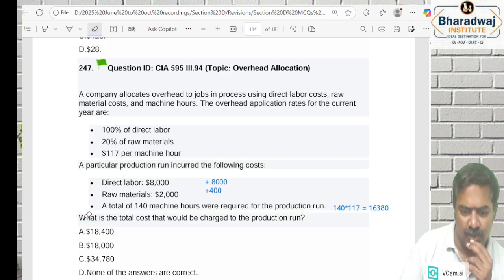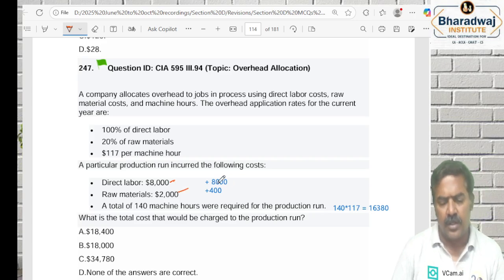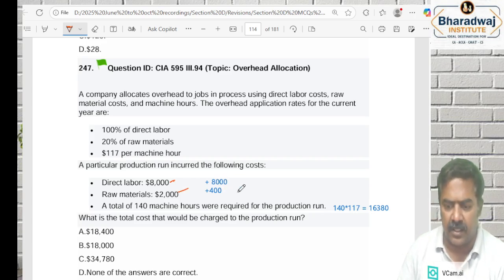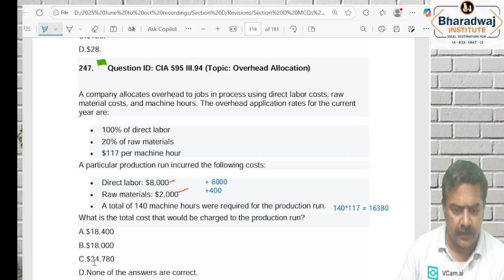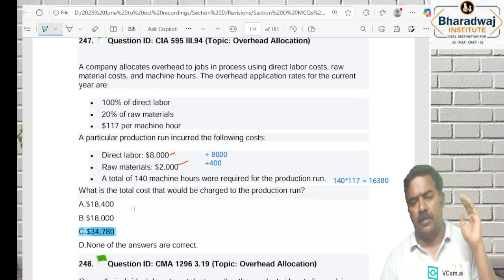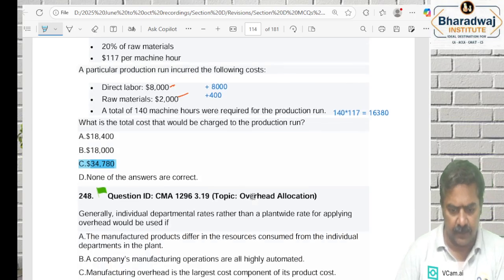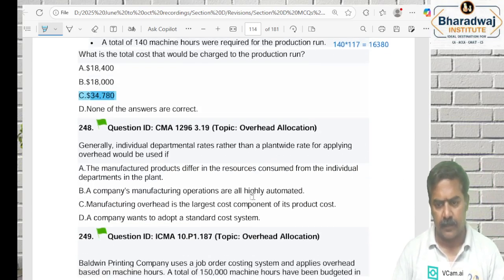Total cost will include both direct material and direct labor also. So 8,000 plus 2,000 plus 800 plus 400 plus 16,380. What is your total cost? 34,780. Material plus labor plus all the overheads, 34,780. It's a repeated one.